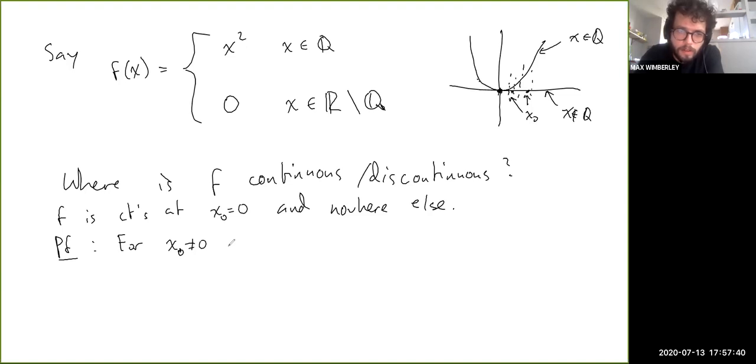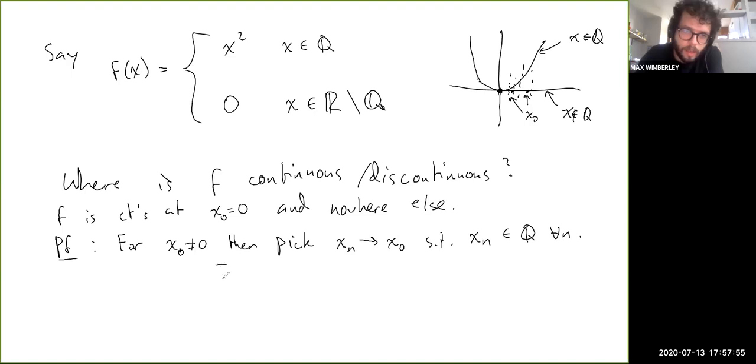Then pick x_n converging to x naught such that x_n is in Q for all n. Then f of x_n is just x_n squared, and that approaches x naught squared, which is not equal to 0.